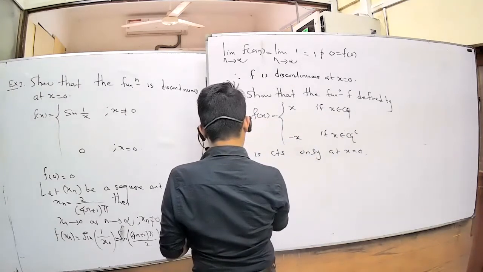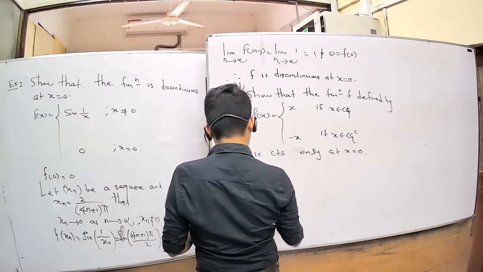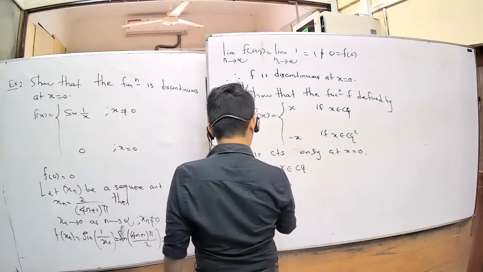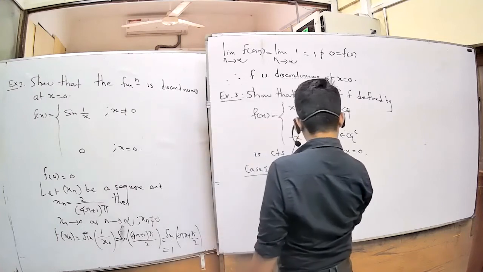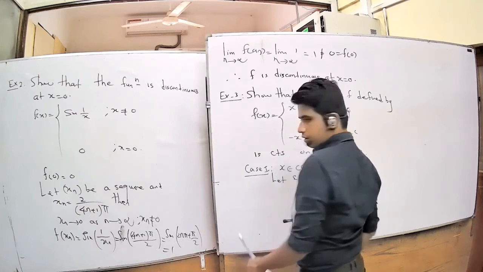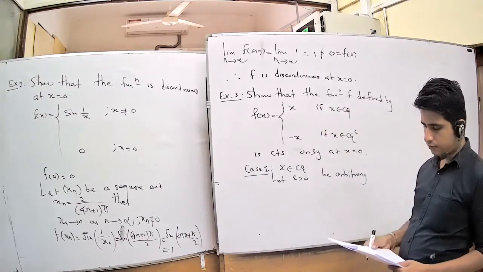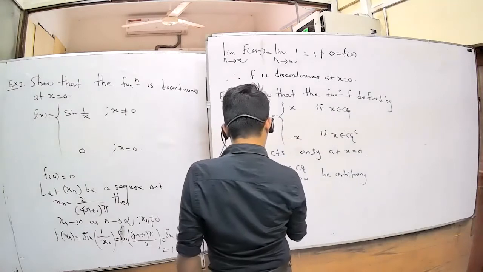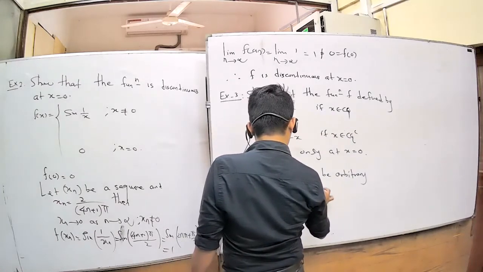Case 1, x belongs to the rational numbers. Let epsilon greater than 0 be arbitrary. What about f of x minus f of 0?